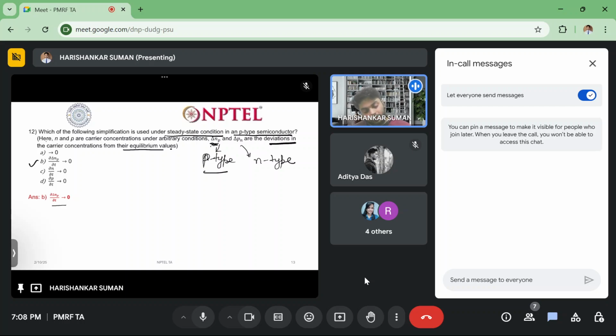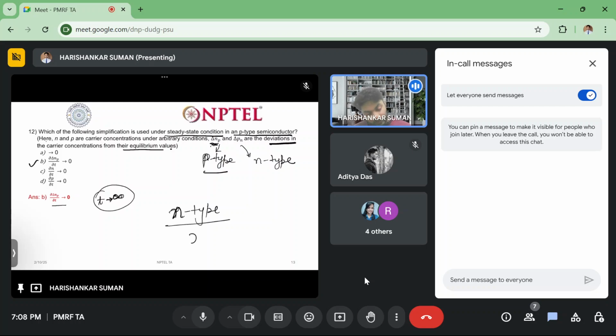Under steady state condition, the change in the delta concentration of electrons, or perturbed electrons, over infinite time goes to 0. If the question asks like that, this is for p-type, but the question may be asked for n-type also.